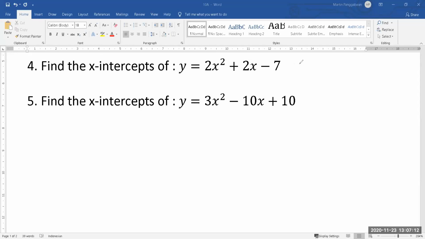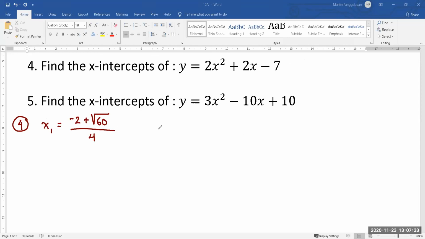Okay, let me just help you. So for number four, the x1, or the first x-intercept, will be -2 plus square root of 60 over 4.